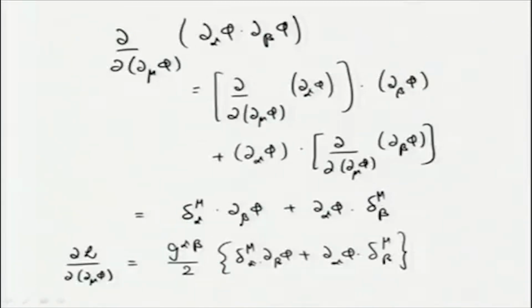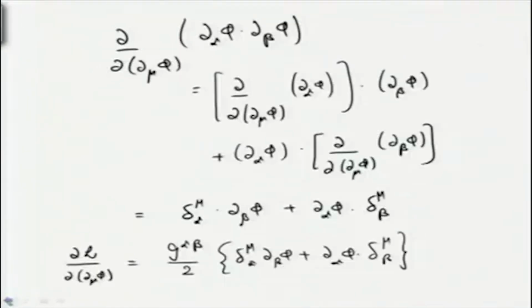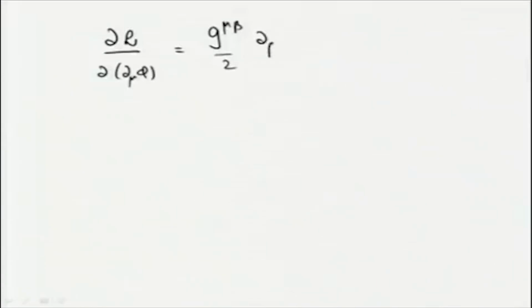I will use the delta function first to change alpha to mu. So, I have a g mu beta over 2, this is only the first term, into dou beta phi.